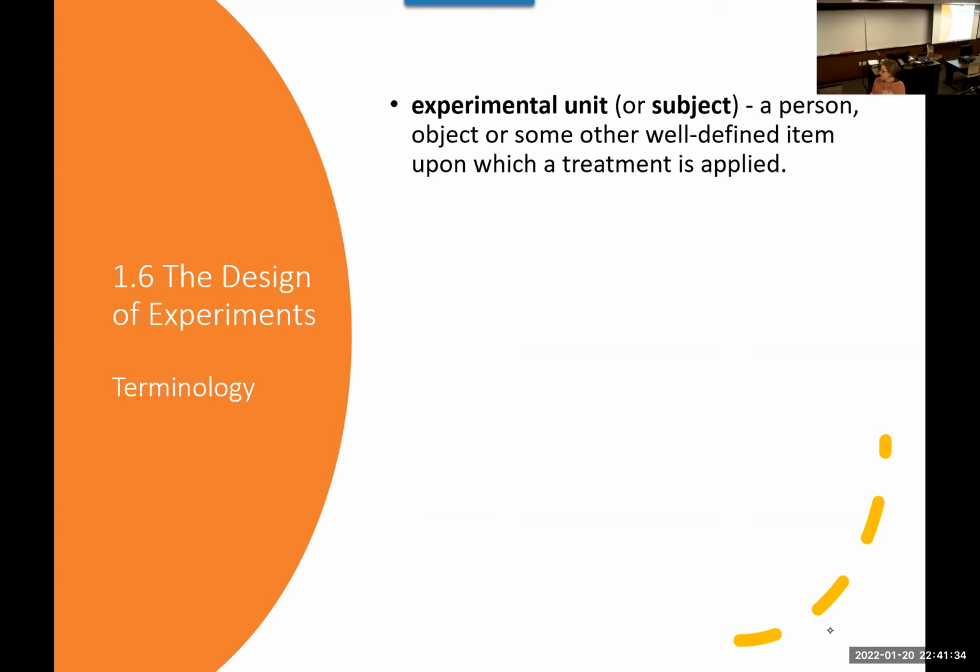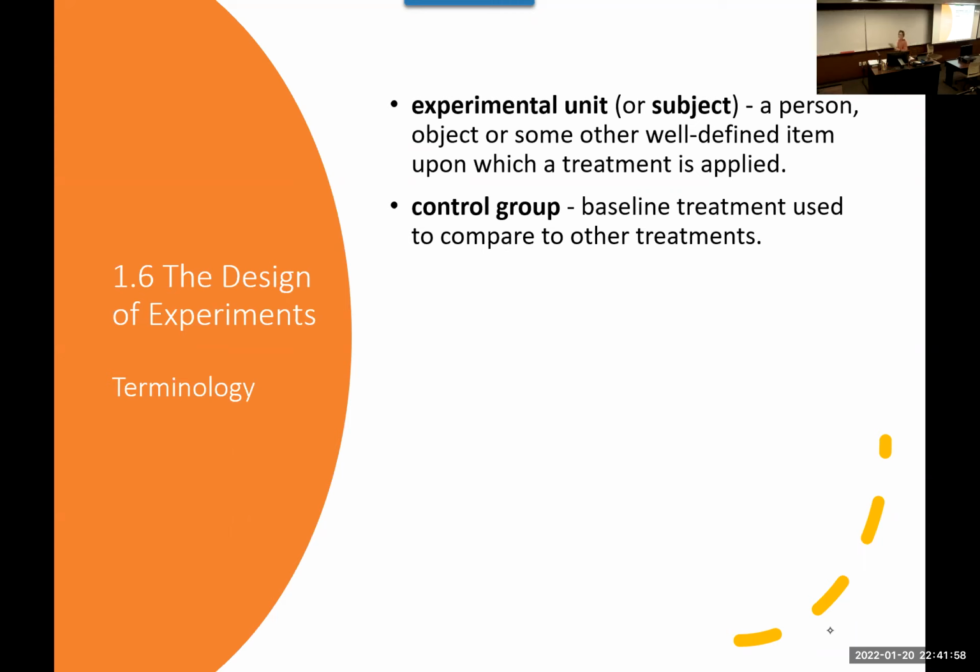For an experimental unit or a subject, we would say that that is the person or the object or something like that to which the treatment is applied. The explanatory variable gets applied to that. So that's our experimental unit, that's our subject. We have a control group.